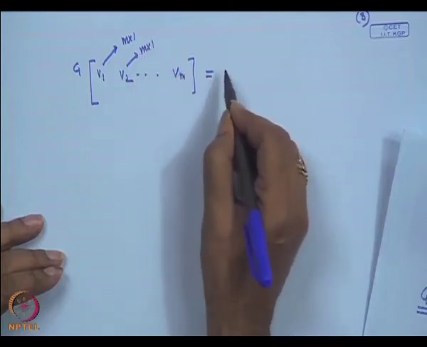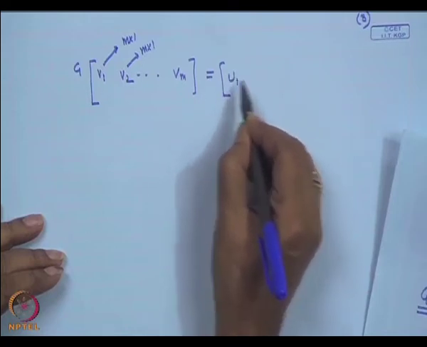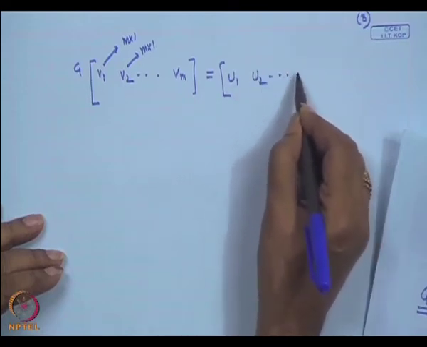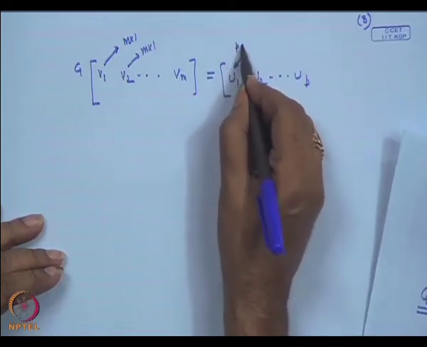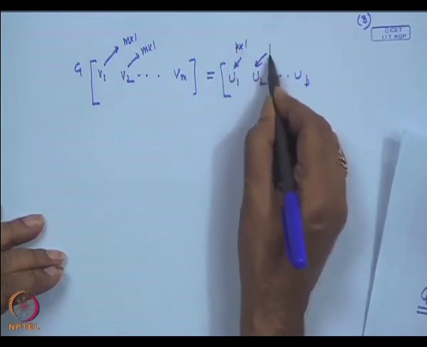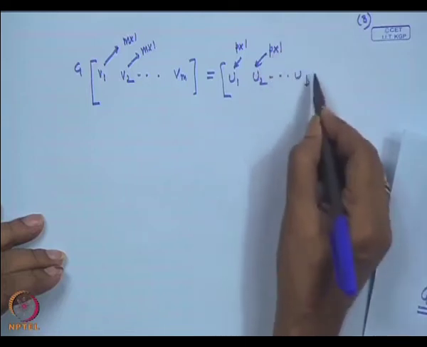So that is equal to, we write U1, U2, up to UP, and this dimension is P cross 1, P cross 1 and so on.